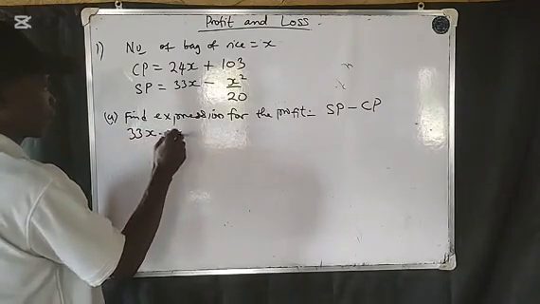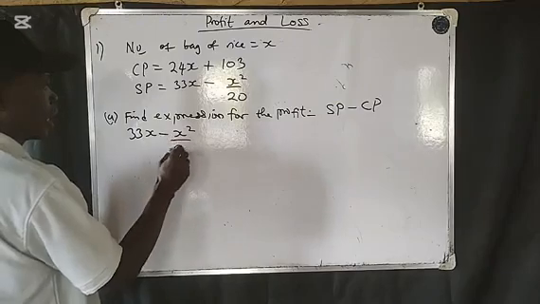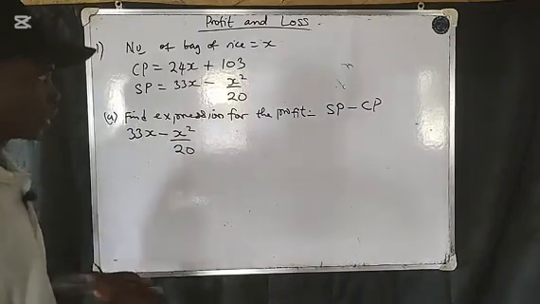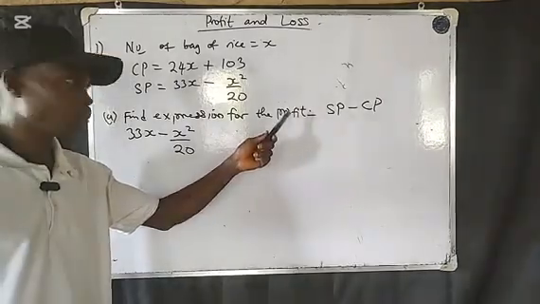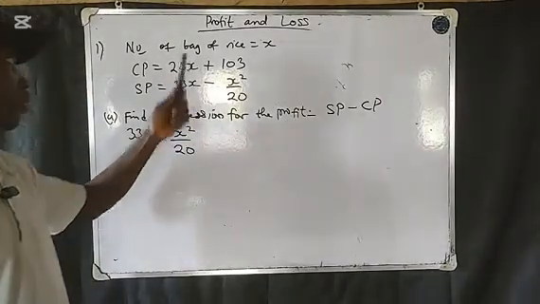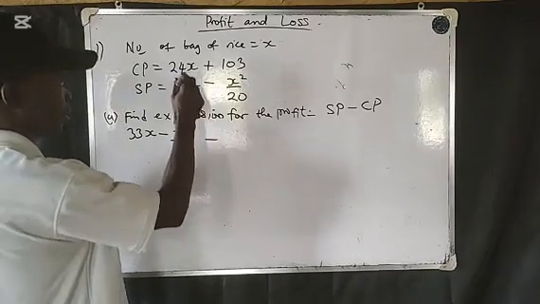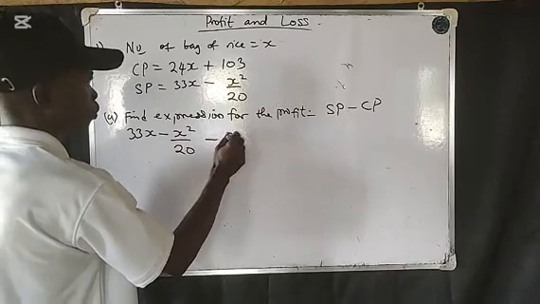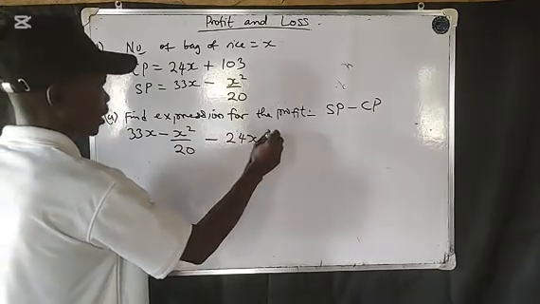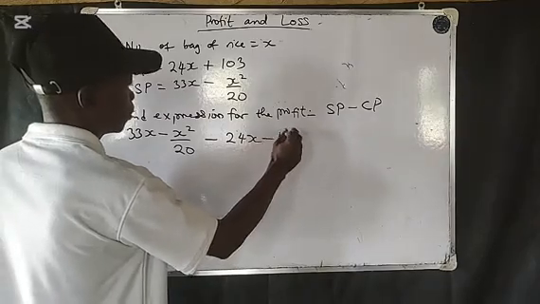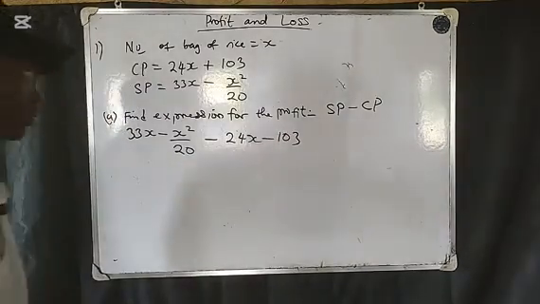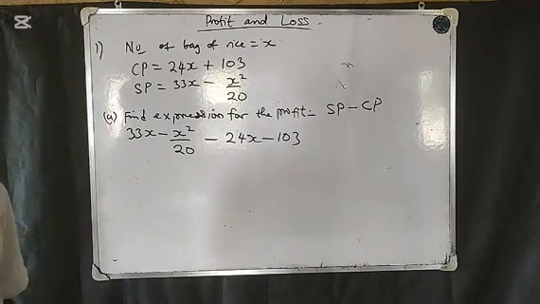33x minus. They told you it is profit. Profit means selling price is more than the cost price. So minus this one, 24x, minus this one, 103. We have subtracted the cost price from the selling price.